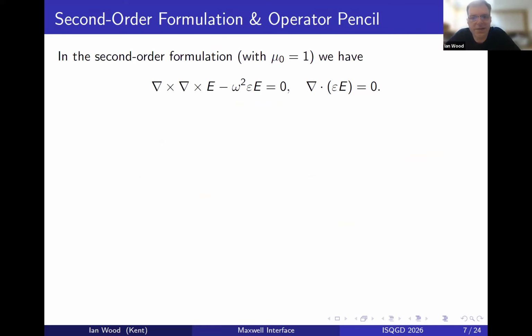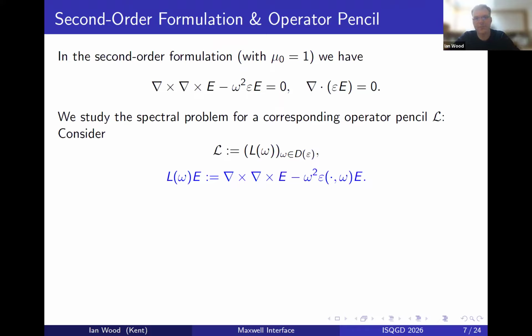Okay, so let's look at the maths that we're actually going to be looking at. So we're going to turn it into a second order problem for the electric field. All right, so we've got the curl of E minus omega squared epsilon E is equal to the right-hand side, or 0, right? And we need the divergence of epsilon times E to vanish.